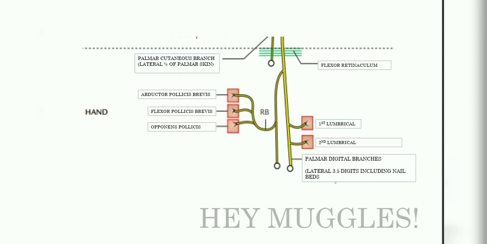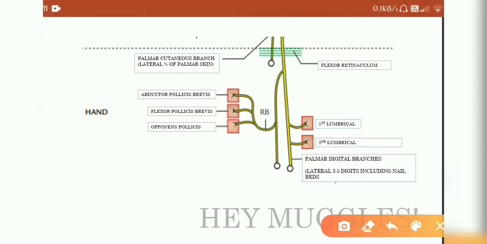In the palm, at the distal border of your flexor retinaculum, it divides into two divisions. That is a lateral division and a medial division, right? The lateral division gives a recurrent branch.